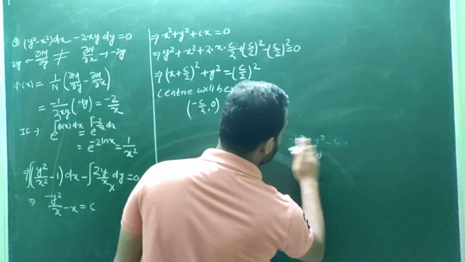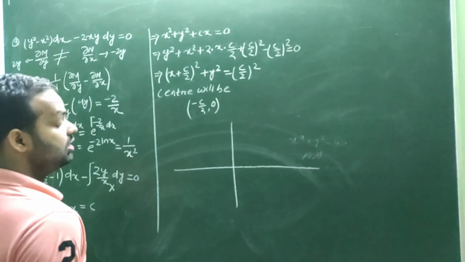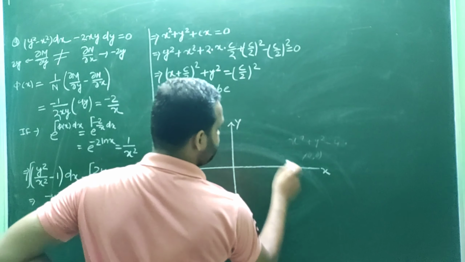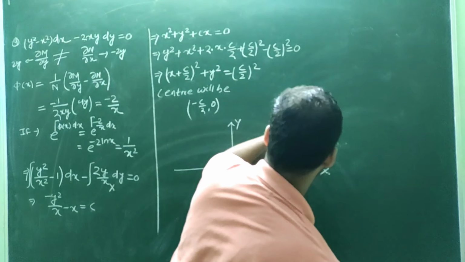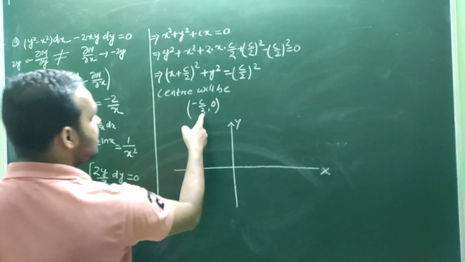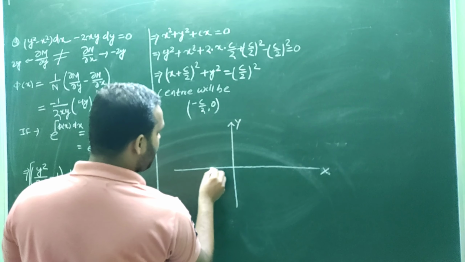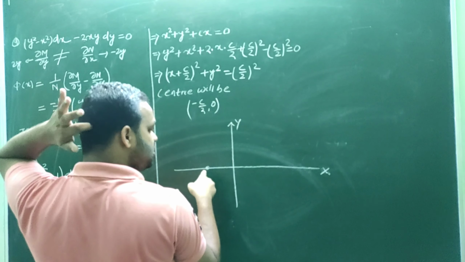Now let's plot this equation. This is the equation. This is the graph. This is x. This is y. So what you have to do, you have to take the center as this as center. So go to negative x-axis. This is minus c by 2, let's say, and in y direction it is 0.